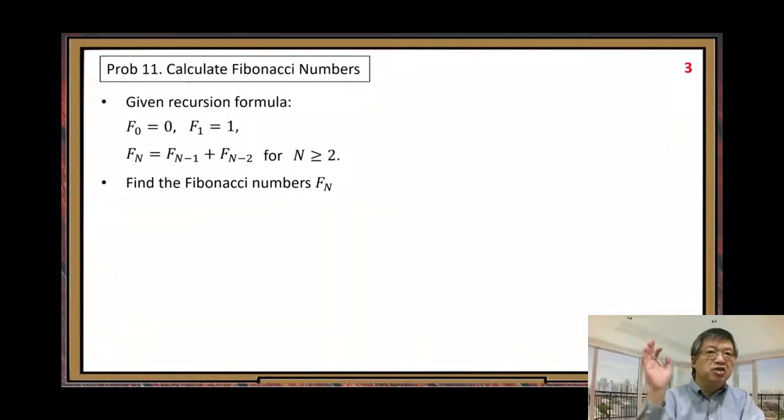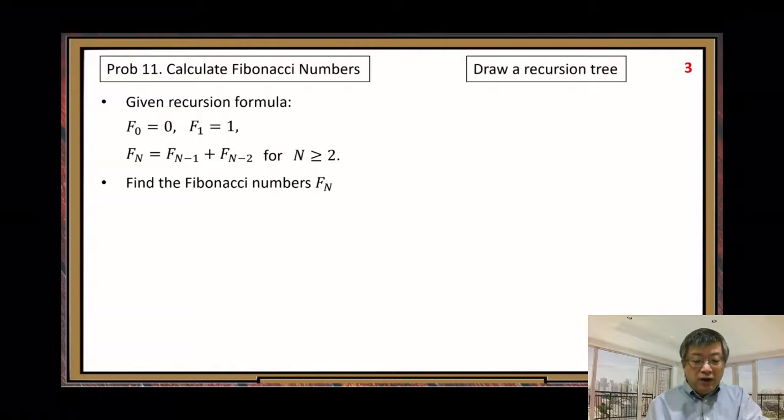Here, I just use a simple diagram. You can get the answer quickly from this diagram. When we start, I want to draw a recursion tree. Because when we implement a recurrence relation and call a recursive function, the way we calculate the function can be described using this recursion tree.